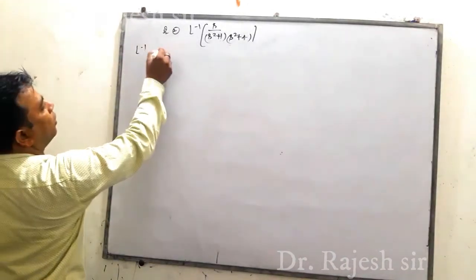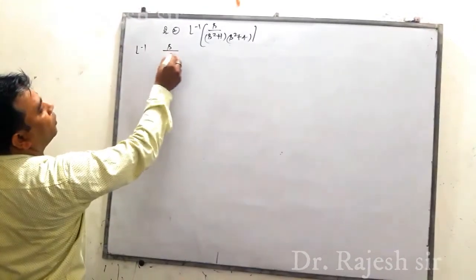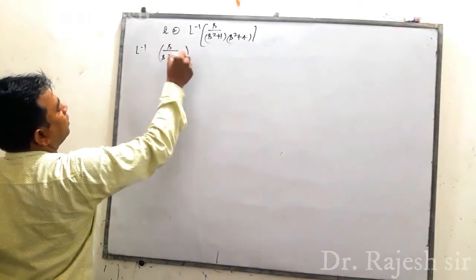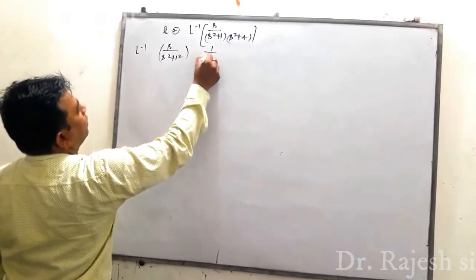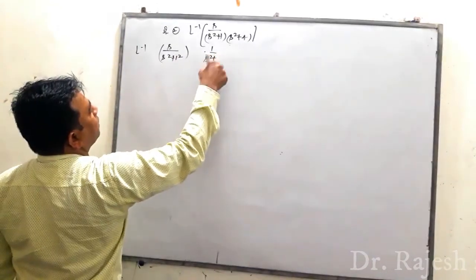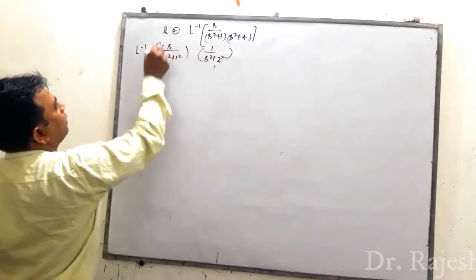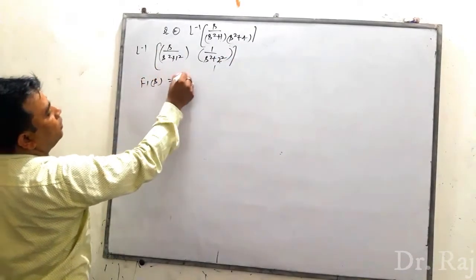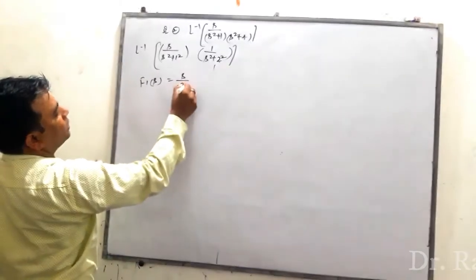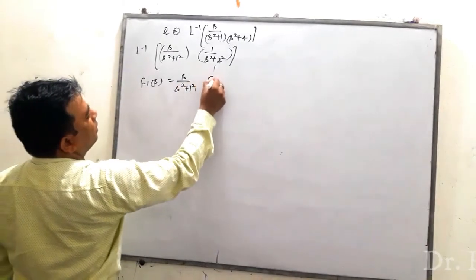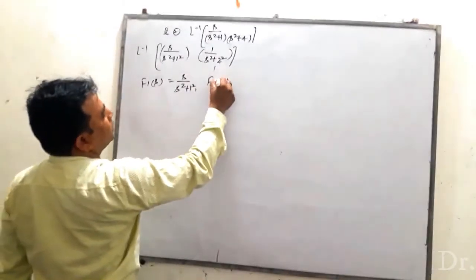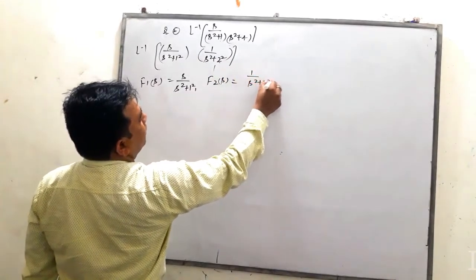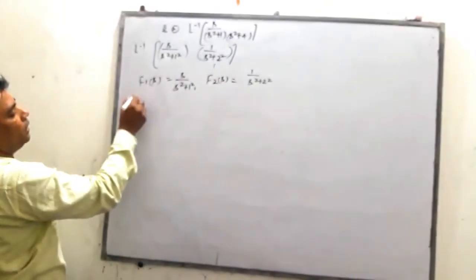Inverse of s upon s square plus 1 square and 1 upon s square plus 4, it means 2 square. Now let f1(s) equal to s upon s square plus 1 square and f2(s) equal to 1 upon s square plus 2 square.